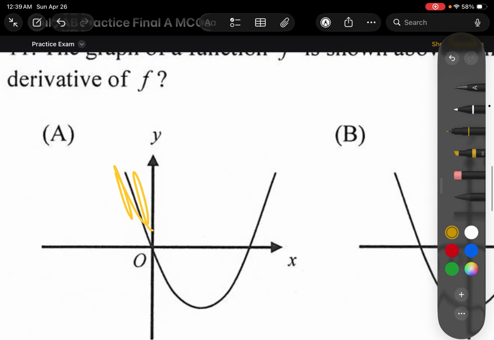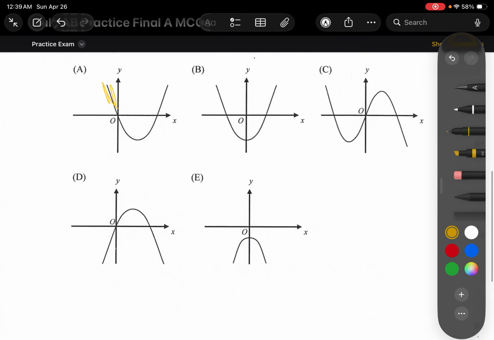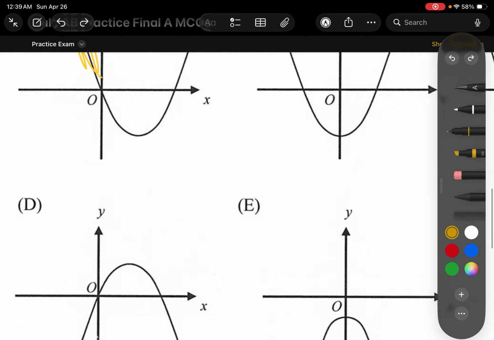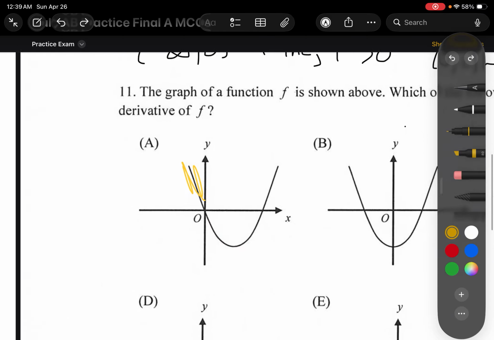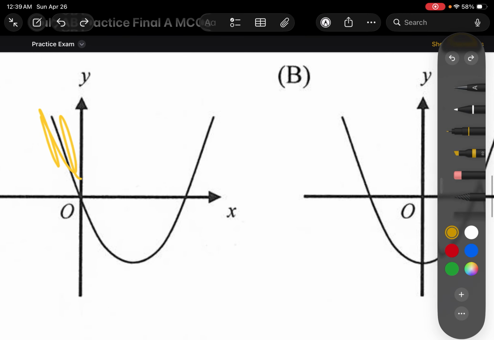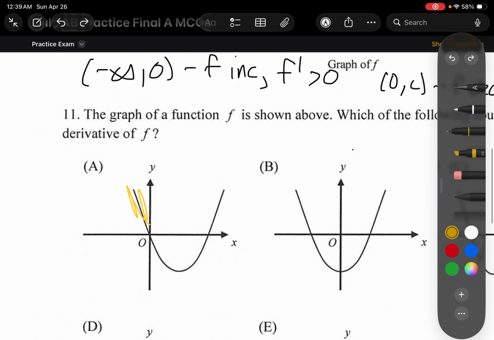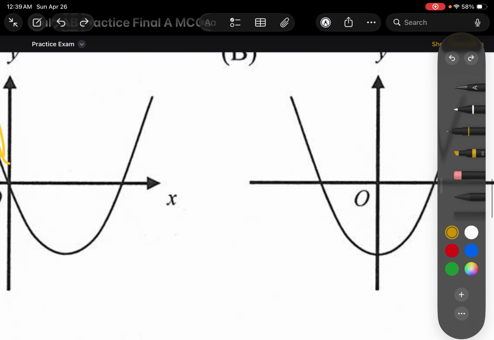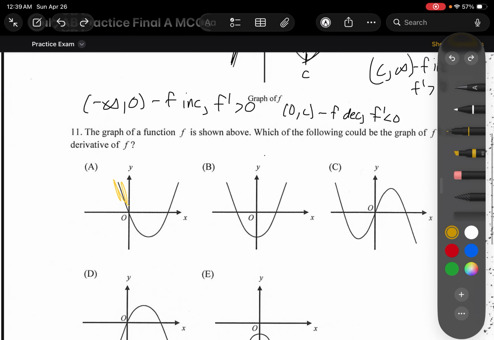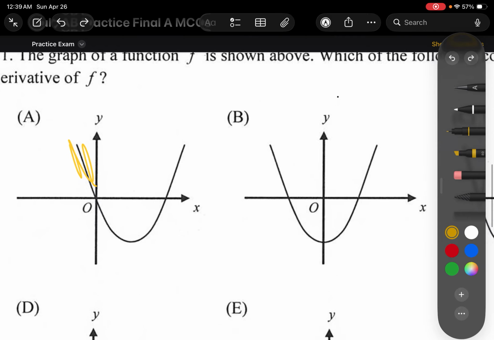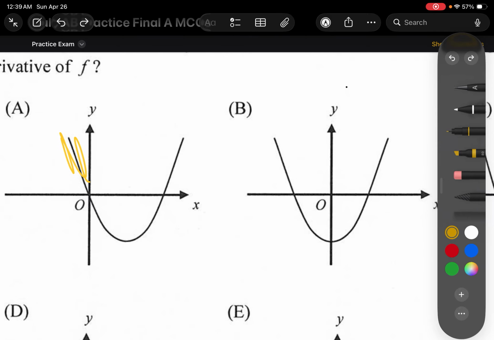So we're on the graph of f prime, by the way. These options are all the graph of f prime. So now we're going to look at interval, not slope. So from negative infinity to 0, f is increasing, or f prime is greater than 0. This is true. From 0 to c, f prime is decreasing.